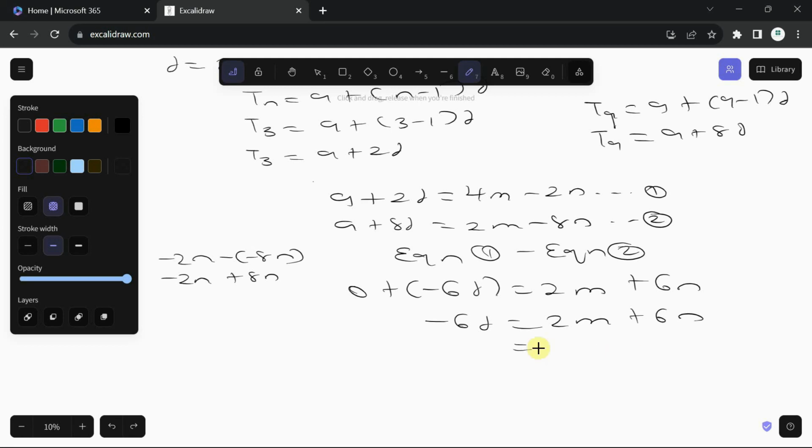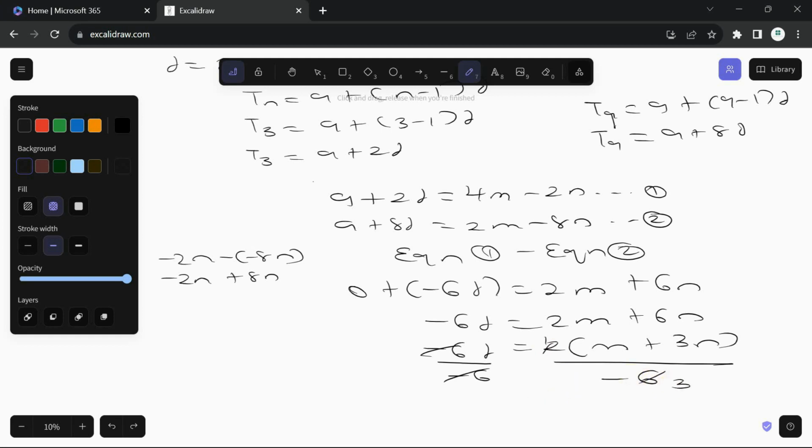If you look at this, I can factor out 2 from this guy. There's a 2 here and a factor of 2 here. So 2 open bracket, 2m divided by 2 gives you m, plus 6n divided by 2 gives 3n. We still have minus 6d. To make this stand alone, I'll divide both sides by minus 6. 2 here 1, 2 here 3.